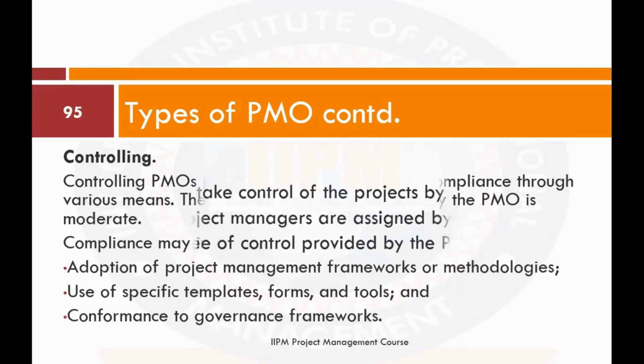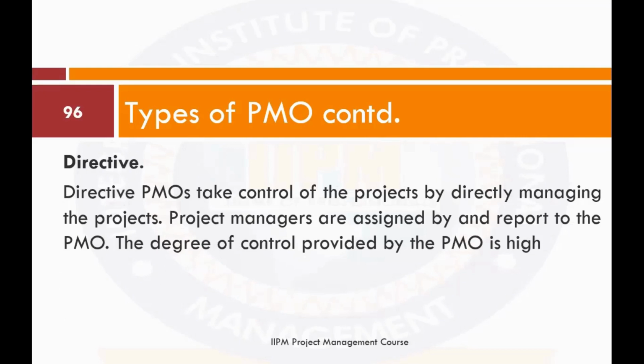Then you have the other one, the directive PMOs. They take control of the project by directly managing the project. Now, for other PMOs, like the supportive PMOs, the project manager and his team, they are in the field. So the project management office is only giving them support.